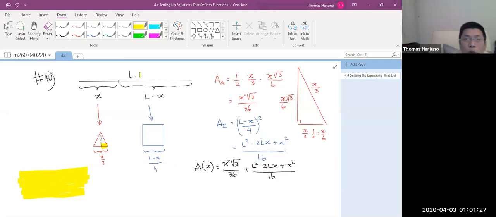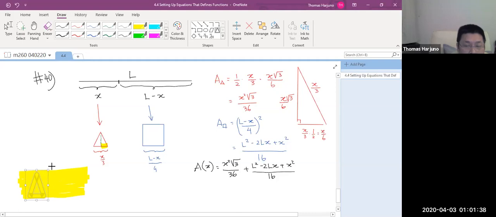I would like you to memorize the following formula for an equilateral triangle. If the side of this equilateral triangle is x, then the area is equal to x squared, square root of 3 over 4.